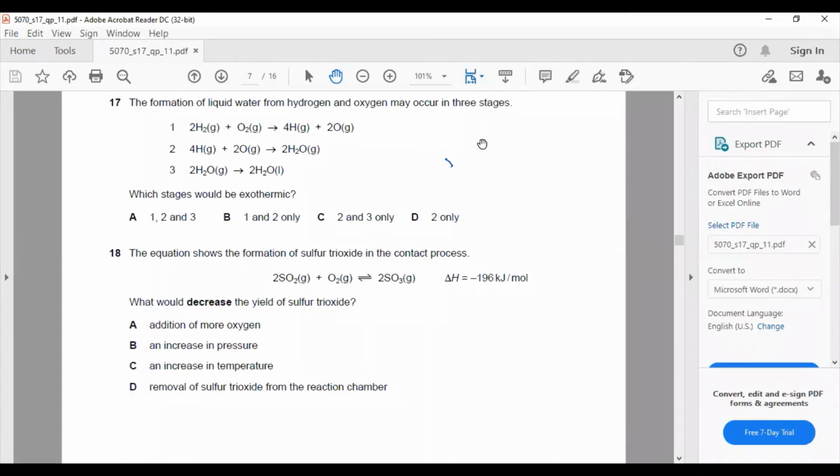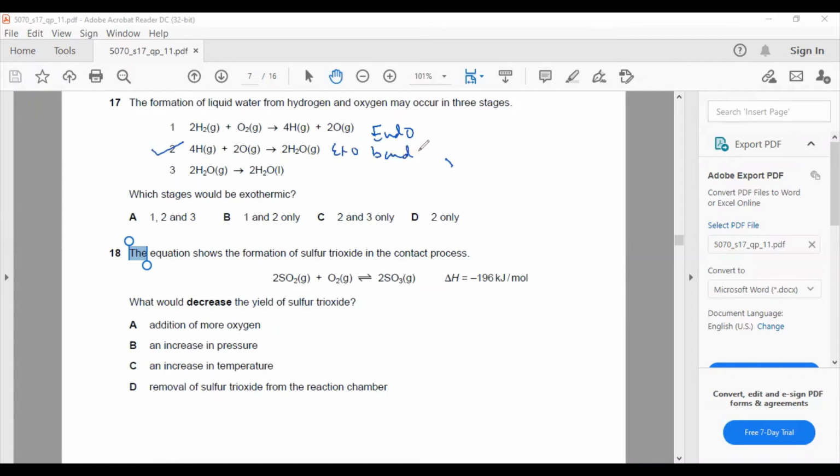Number 17. The formation of liquid water and hydrogen from oxygen may occur in three stages. This question is also about energetics. Hydrogen plus oxygen: this is bond breaking, which is endo. This is bond making, exo.